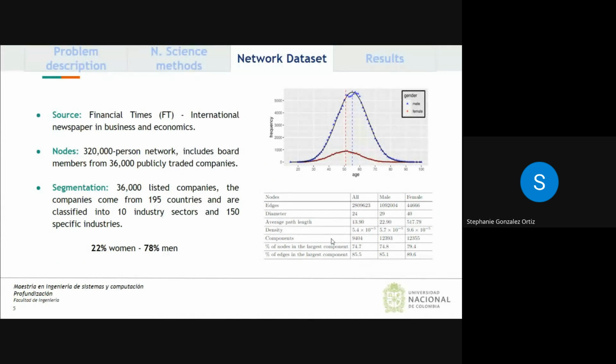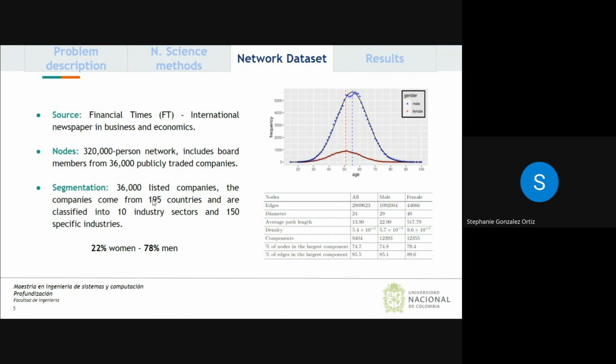The study analyzed a network of 320,000 individuals who make up the boards of directors of 36,000 publicly traded companies in 195 countries.